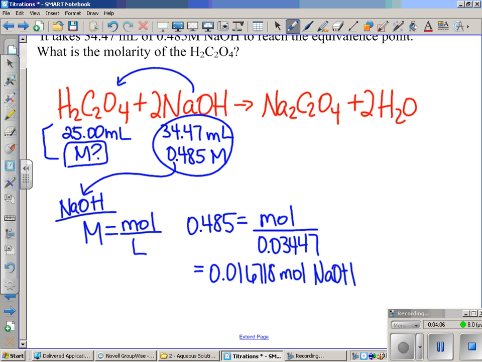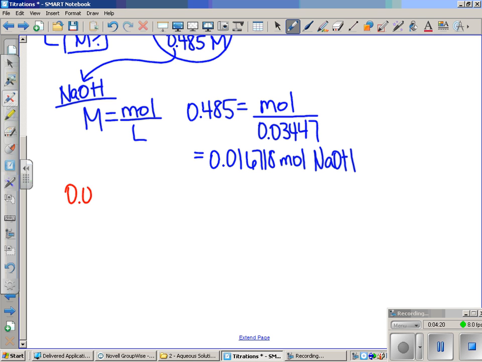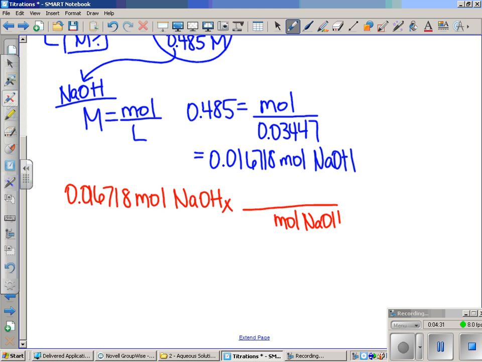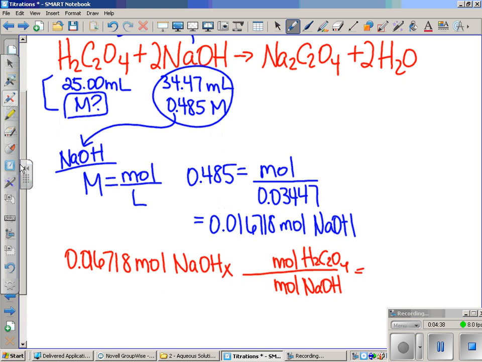Now, in order to find the molarity here of H2C2O4, we are going to need to know the moles, and we know the volumes given in the problem. So my next step is going to be to convert from the moles that I just got, 0.016718 moles of NaOH, into moles of H2C2O4.